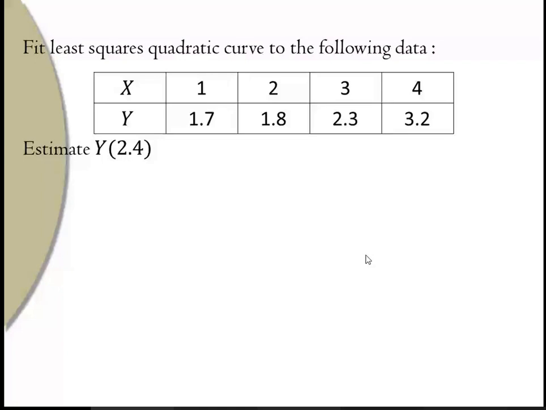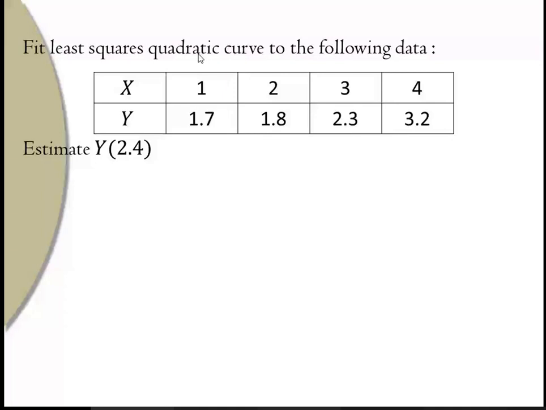Okay, the meaning of this is we have to find the value of y at x is equal to 2.4. We have to find the equation of y in terms of x, and then we have to take x as 2.4. Now for the quadratic curve, we know the standard formula y is equal to a naught plus a1 x plus a2 x square.